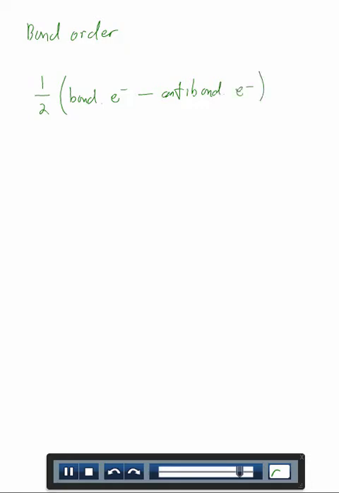So for nitrogen, I have a total of 10 electrons in bonding orbitals, and I have a total of 4 electrons in anti-bonding orbitals. So that's 6 divided by 2, or 3. So the bond order is 3.